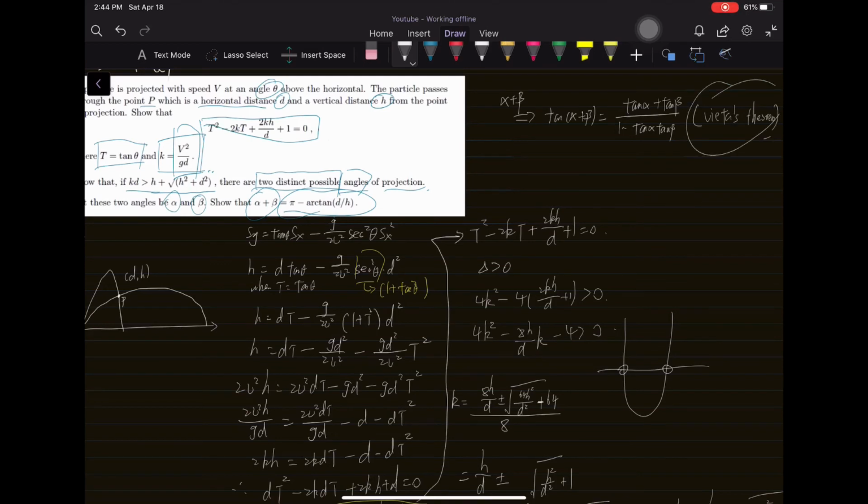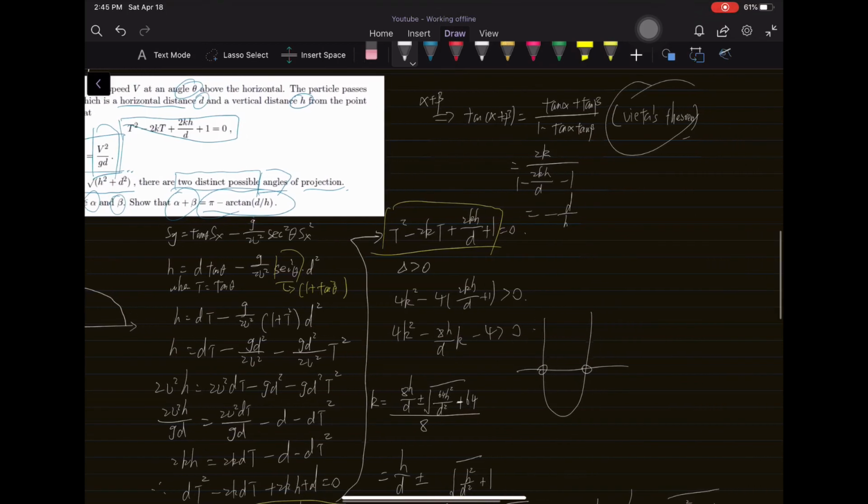Because we know that the equation here is correct, on the top is 2k, and this equals minus d over h.